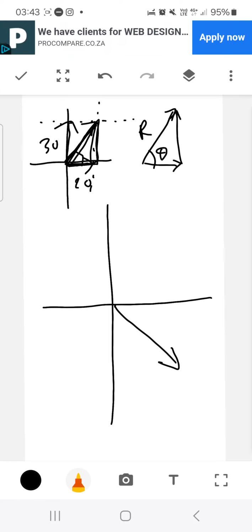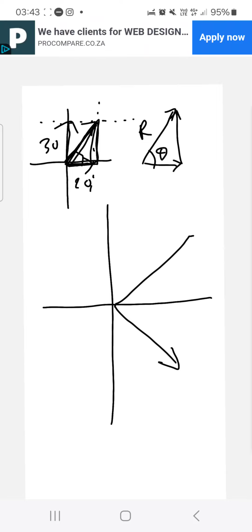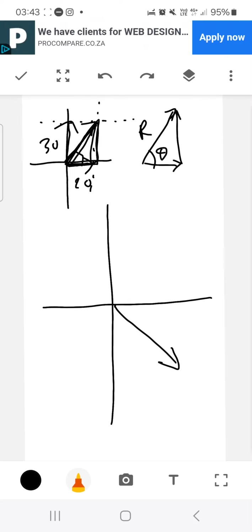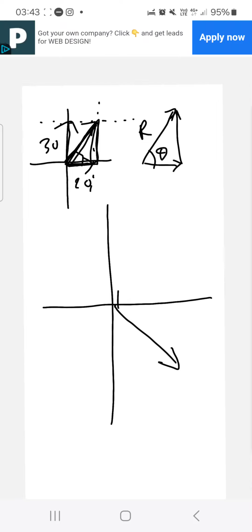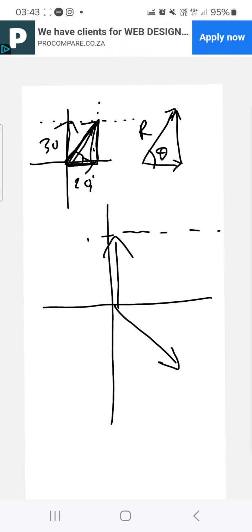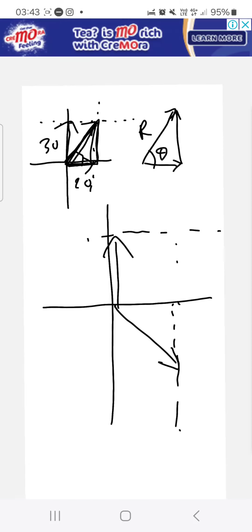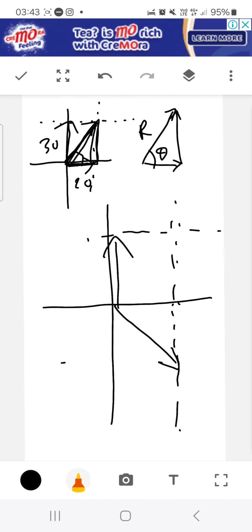Okay, so a vector adding this way, and let's say a vector pointing straight up. Okay, so now I can see this still has some units this way. This one has a few units in this direction, as well as a few units in this direction.